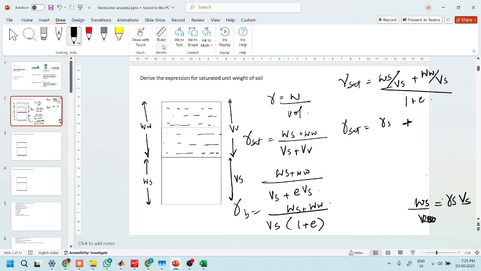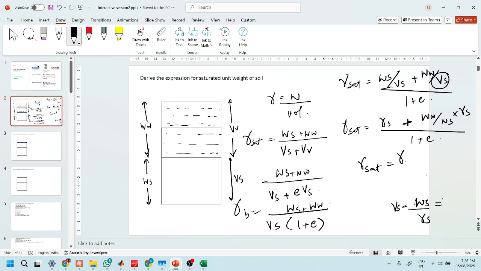Okay, so you can say volume of solids equals weight of solids over gamma s. And gamma s plus weight of water over weight of solids, w, equals gamma s over gamma w. And gamma saturated will be gamma s plus w gamma s, over 1 plus e.